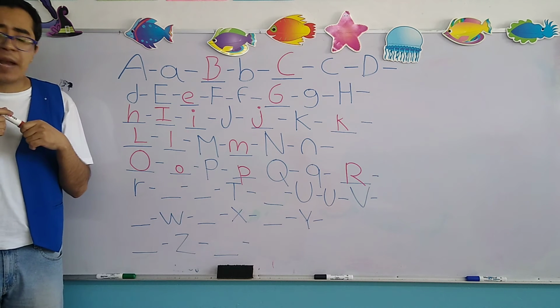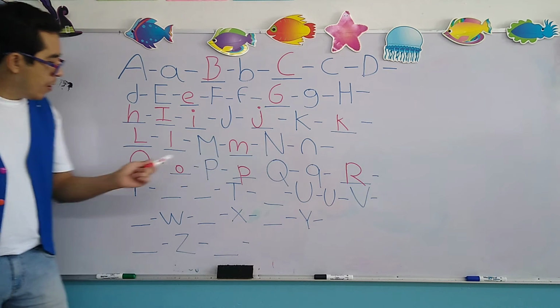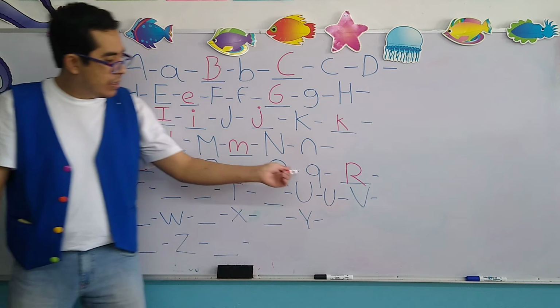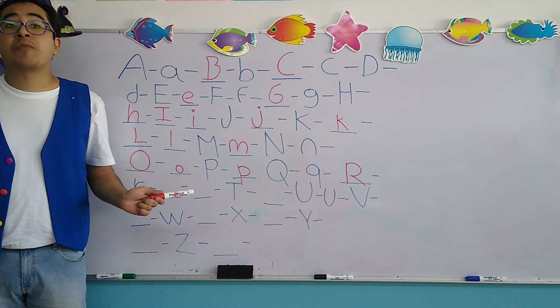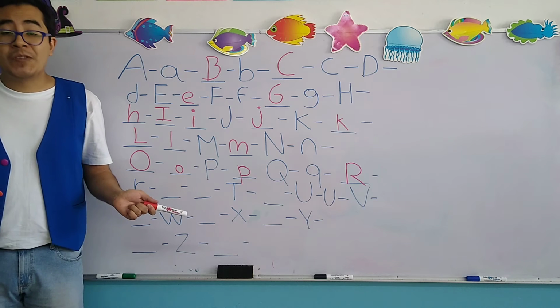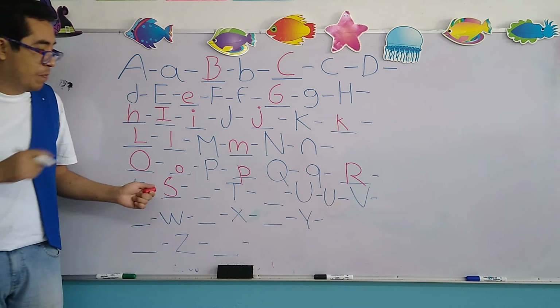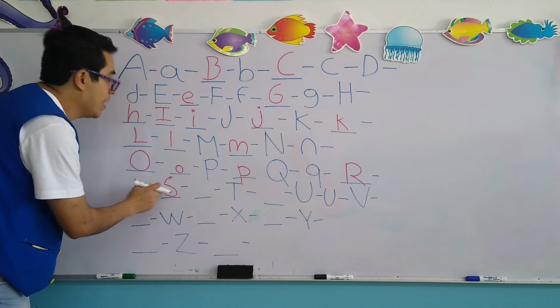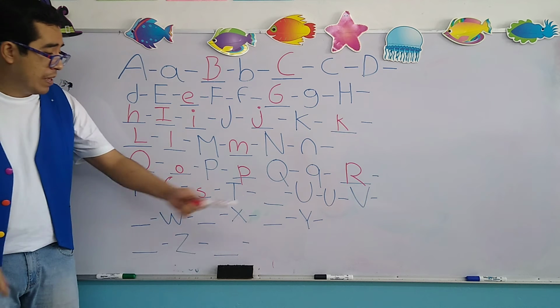So what's the missing letter? Let's see. L, M, N, O, P, Q, R, S. S of Susana, S of snake, okay? In both forms because we have the two blank spaces. Capital S, small s, okay? Let's continue.